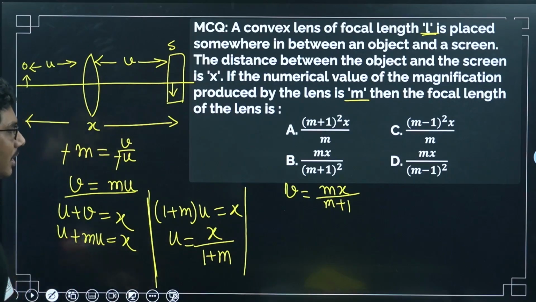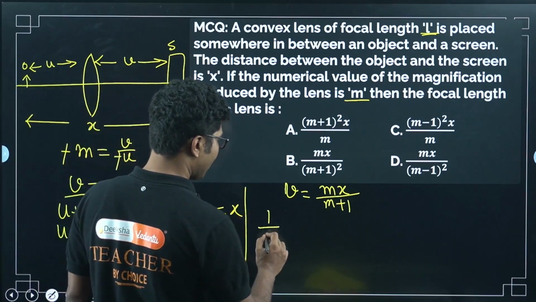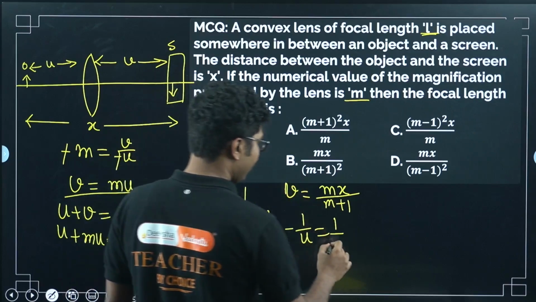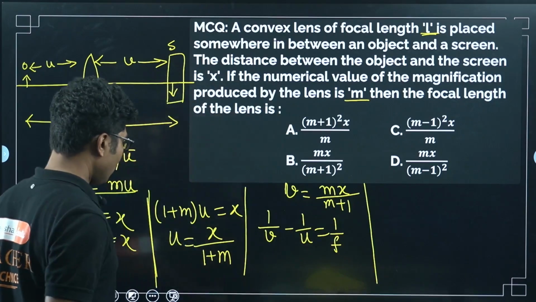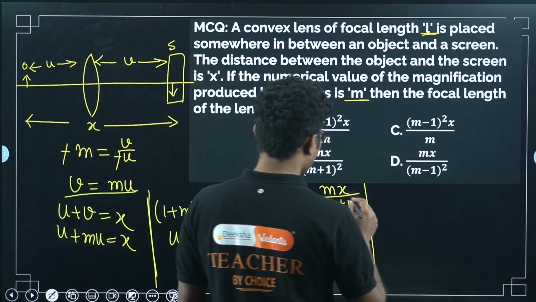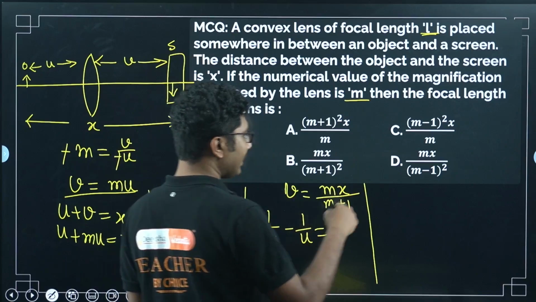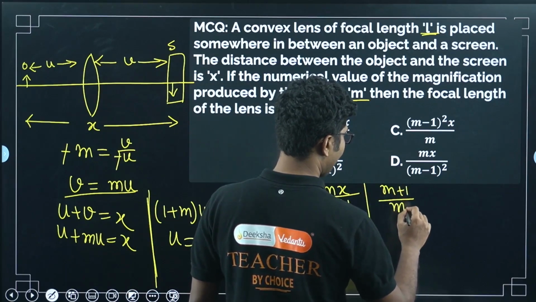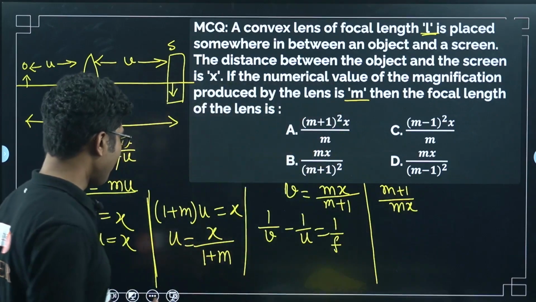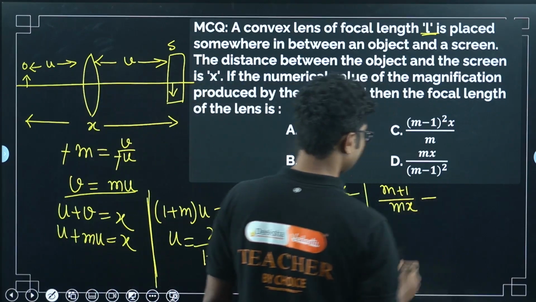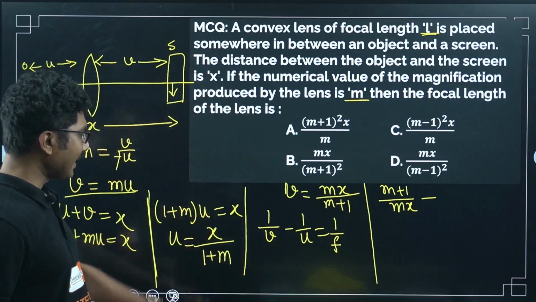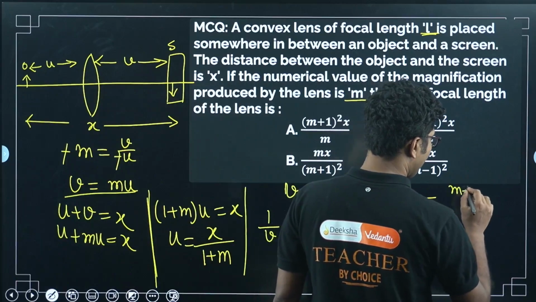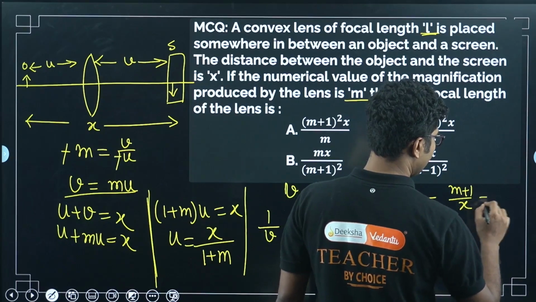Now we will use the lens equation, 1 by v minus 1 by u equals 1 by f, right? Now we will put the values. v is mx by m plus 1, so 1 by v is m plus 1 by mx, minus u is x by m plus 1, so 1 by u will be m plus 1 by x, equals 1 by f.